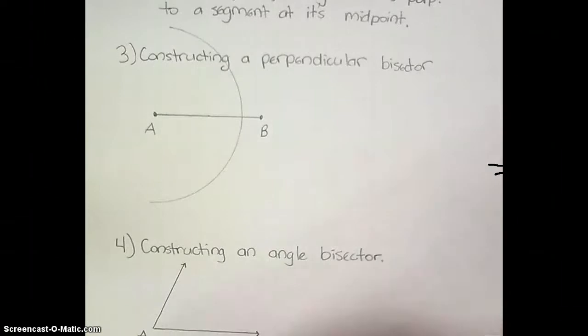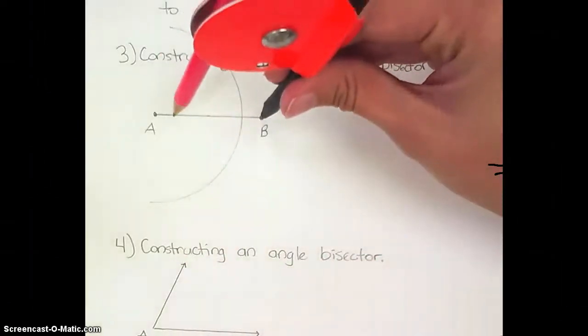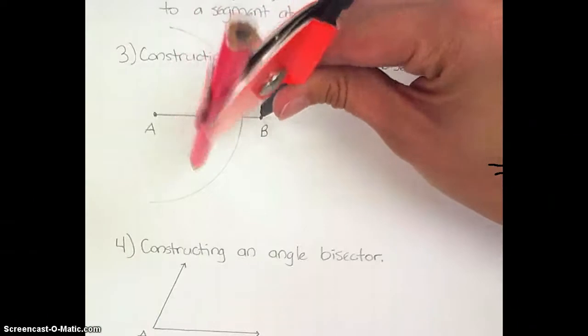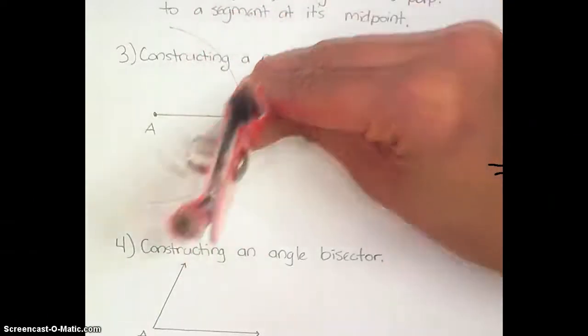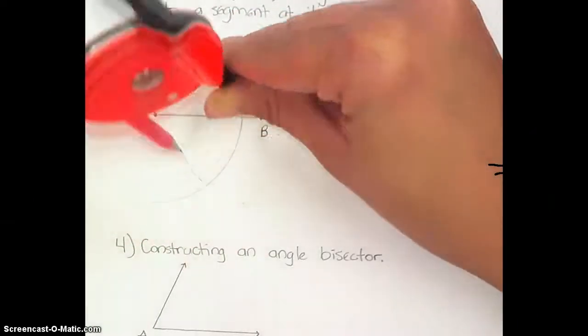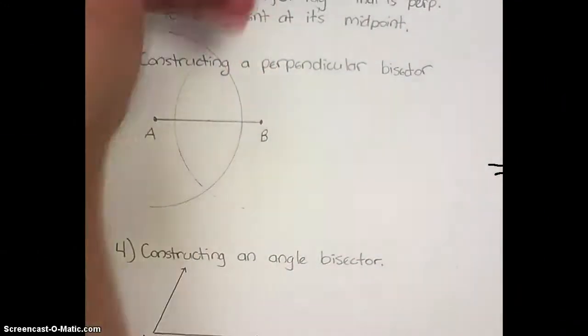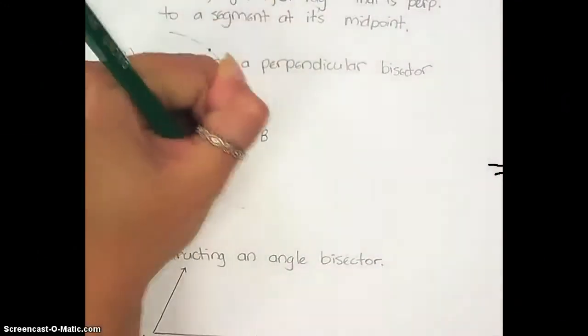And then we're going to do the same thing at B. Keep your setting on your compass exactly the same. It's very important that you don't move that, and create another arc. Okay, you see how those two arcs intersect at these 2 points?